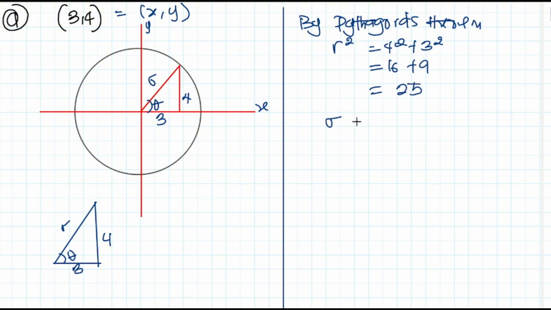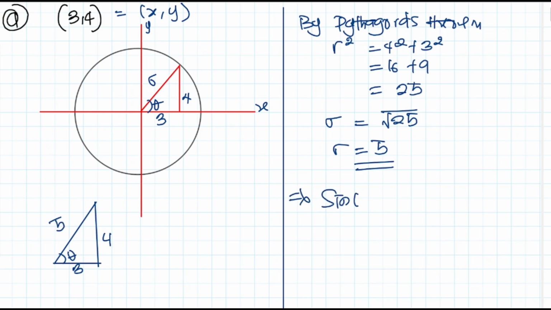If we take the square root of both sides, r equals root 25. r cannot be negative, so r equals 5. Now we can start defining the functions.